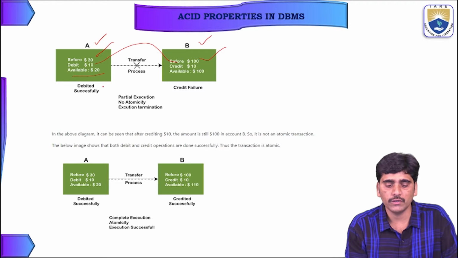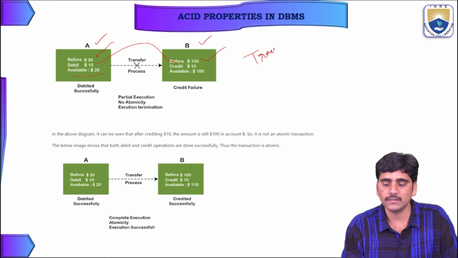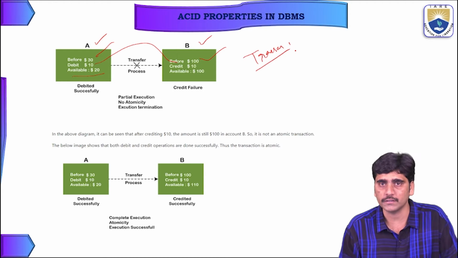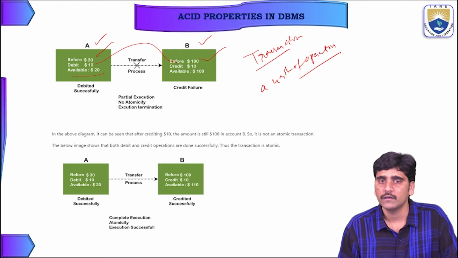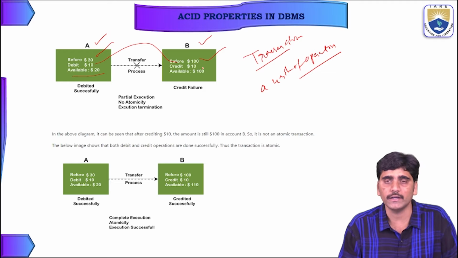Whenever you are doing this transaction, a transaction is nothing but a single atomic operation, a unit of operation. Here you are doing two operations, debit as well as credit.